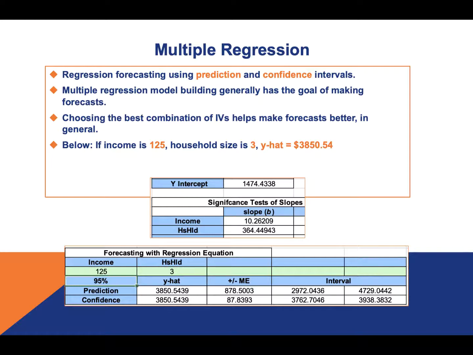Below you can see that when we use a value of 125 for income, and 3 for household size, our y-hat value from our regression equation is $3,850.54. Our Excel tool will calculate the appropriate margin of error for both our prediction and confidence interval forecasts.